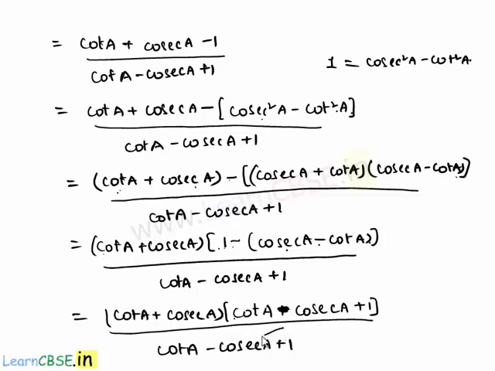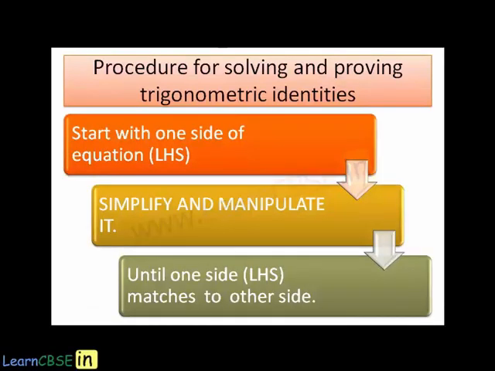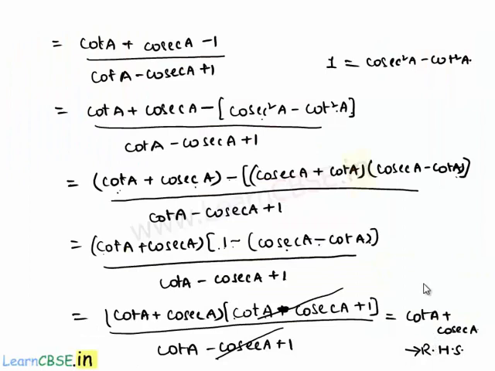Here cot A minus cosecant A plus 1 is common in both numerator and denominator, so that will be cancelled. Finally we are left with cot A plus cosecant A, which is nothing but our right hand side. As LHS is equal to RHS, we proved the equality.